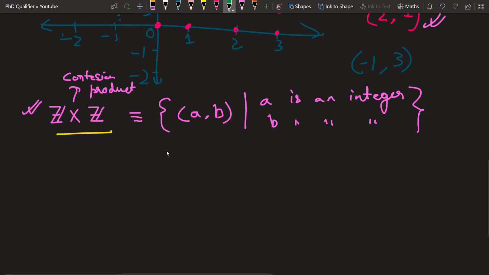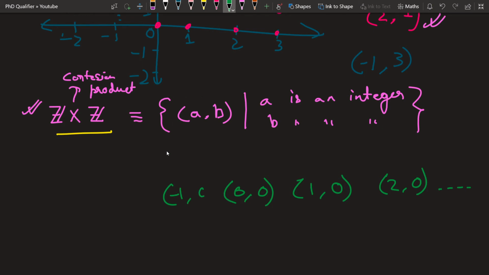So you can see that you have this origin point 0 0, and as you go this way you have 1 0, 2 0 and so on. As you go this way you have -1 0, -2 0, and so on.